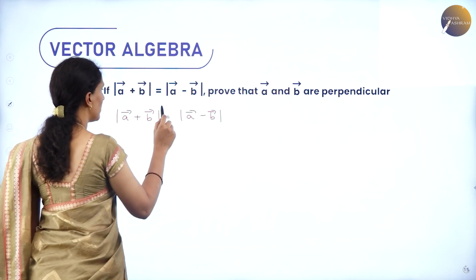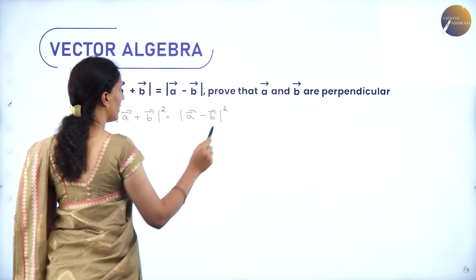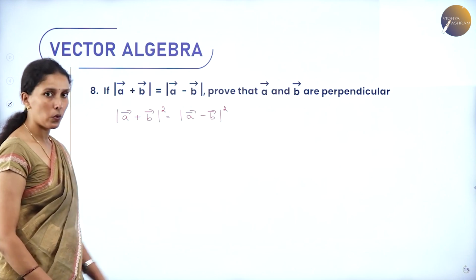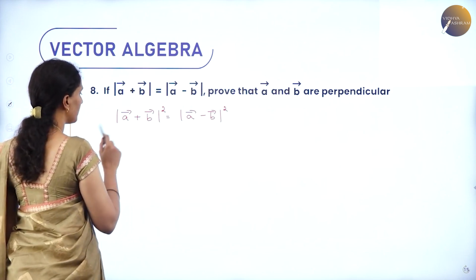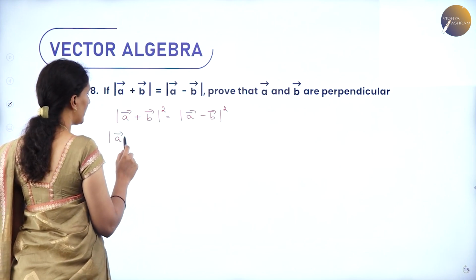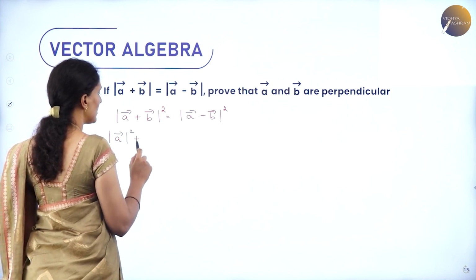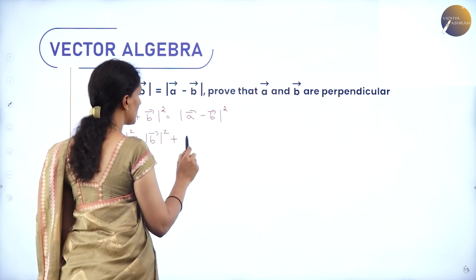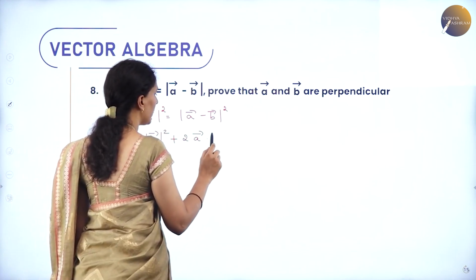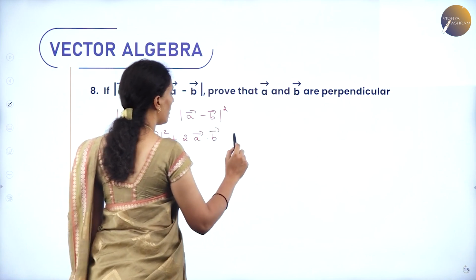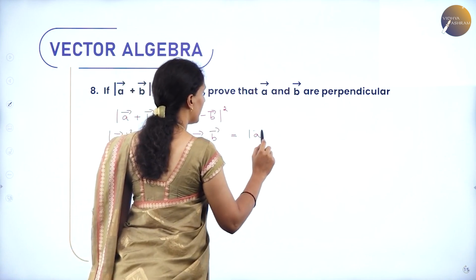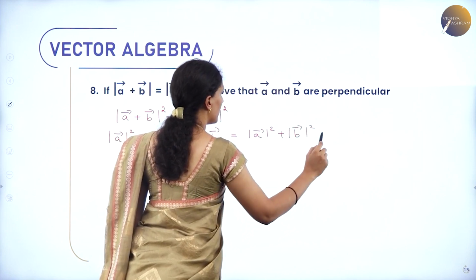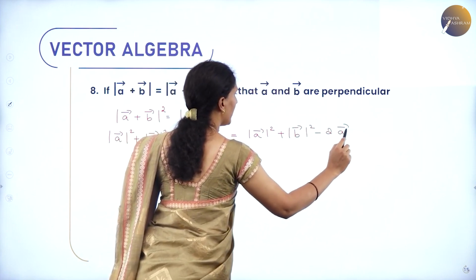Squaring on both sides, now use the formula for A plus B whole square and A minus B whole square. Then here it becomes magnitude of vector A square plus magnitude of vector B square plus 2 times vector A dot vector B. And on the right hand side we get again A square plus B square minus 2 times A dot B.